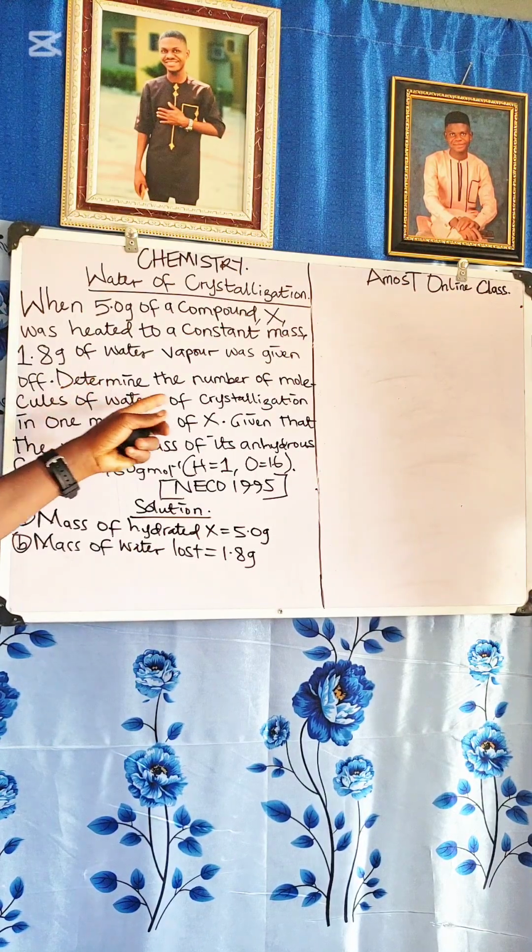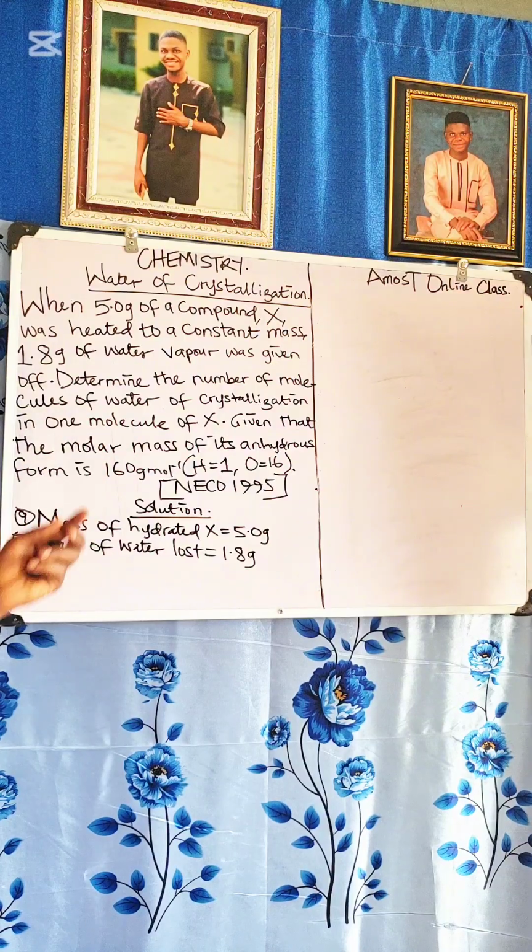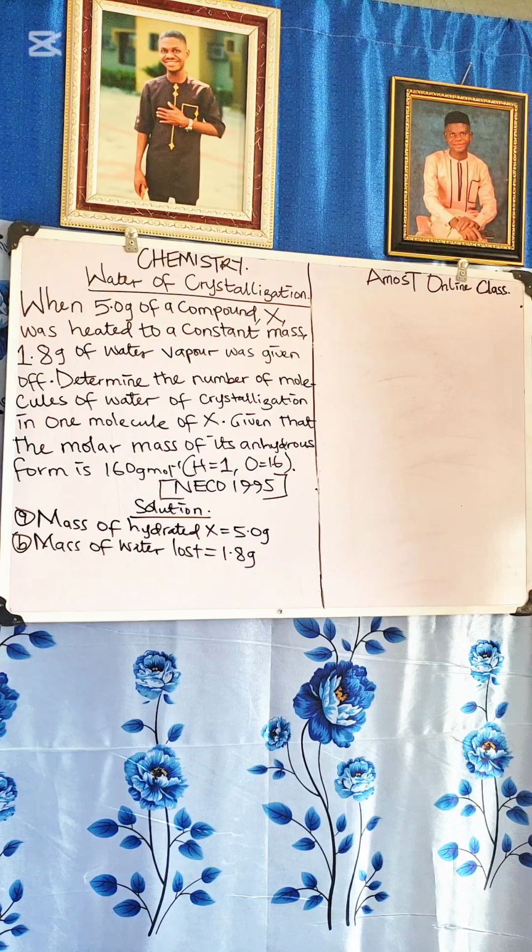Now, the question says we should determine the number of molecules of water of crystallization in 1 molecule of X, given that the molar mass of its anhydrous form is 160 grams per mole.